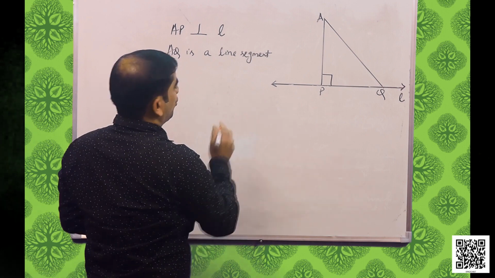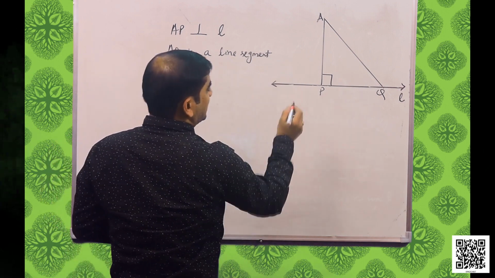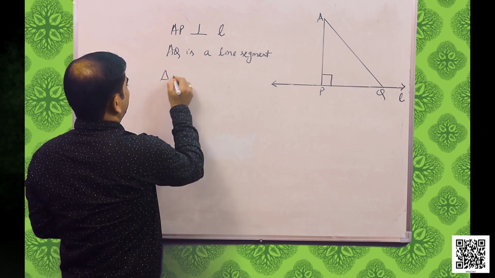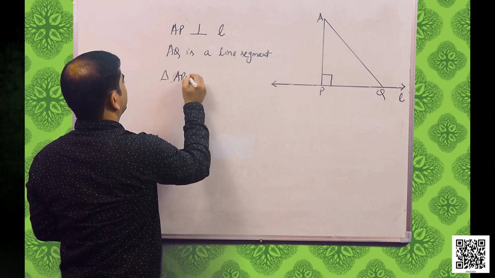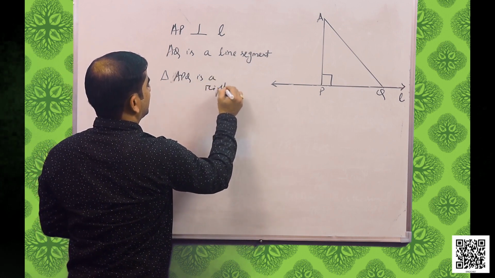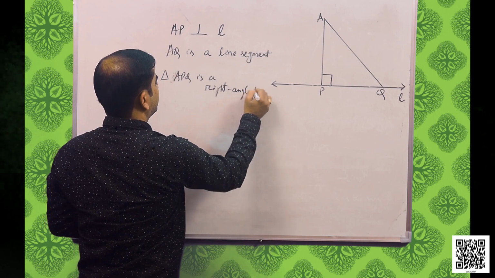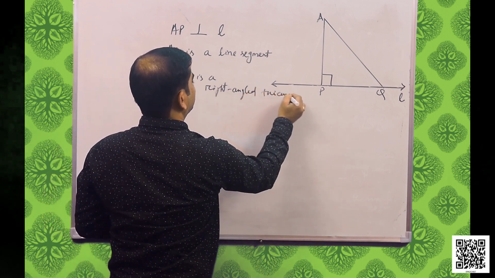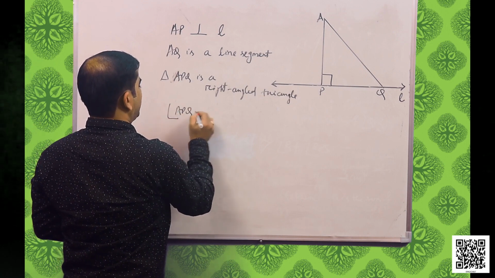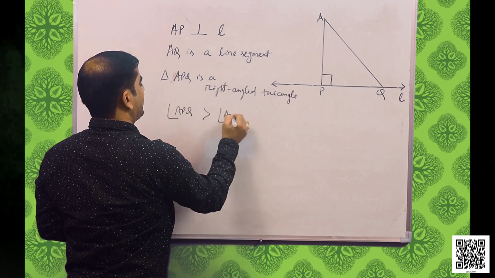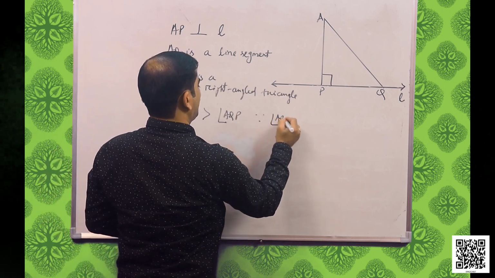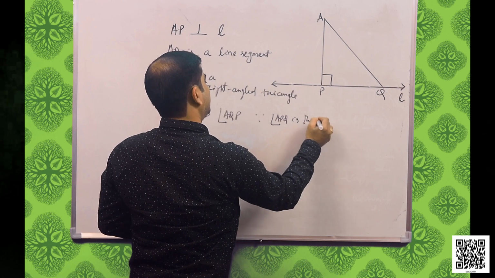Fine. So, as AP is perpendicular to L, triangle APQ is a right angled triangle. That means angle APQ is greater than angle AQP because angle APQ is the greatest angle.